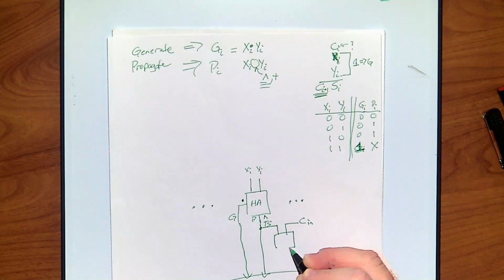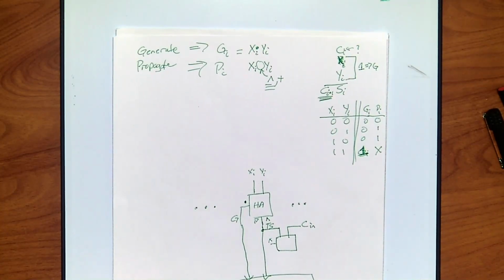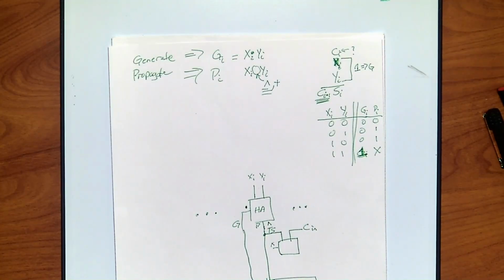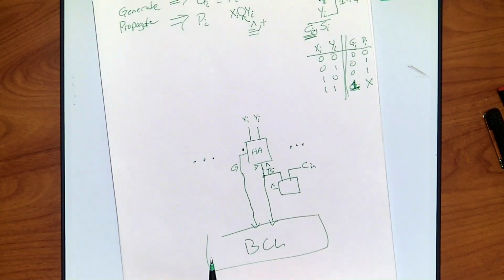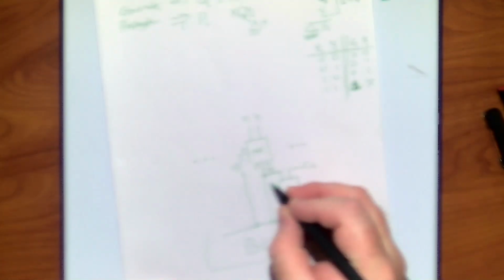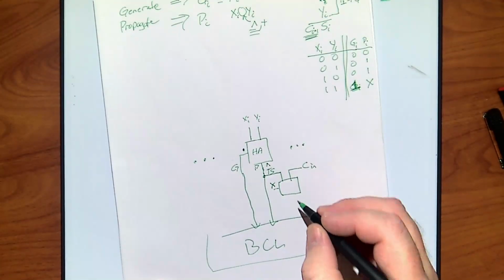It's got to add these two. And I could care less about that carry out there because I don't need it anymore. It's already going to get taken care of by this system. So this is unneeded, so I just put that X there.